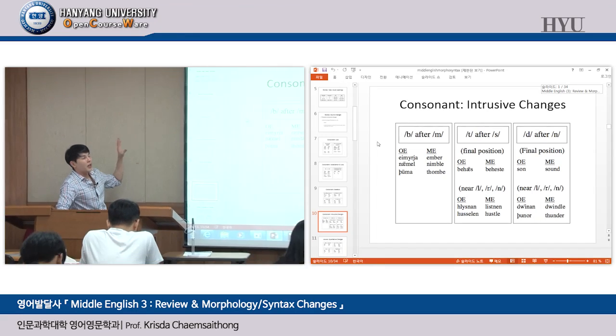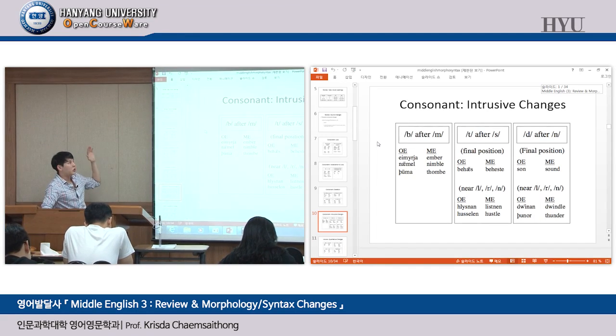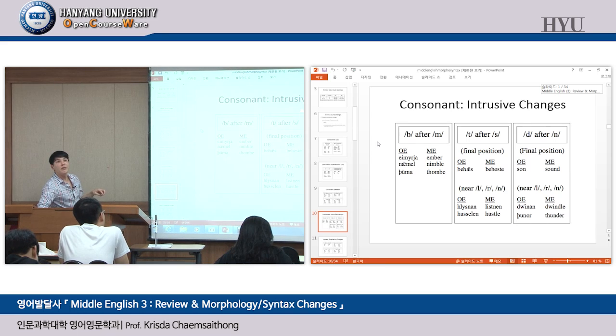And once you have losses, like consonantal losses, you delete them, you have intrusive changes, meaning that you put in a lot of sounds, for ease of pronunciation. So B is usually inserted after M because they share the same place of articulation, which is bilabial, right? So B is inserted after M in these words.